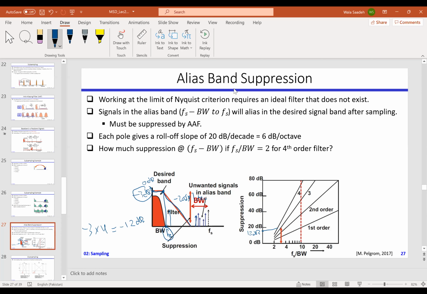From 50, it will become 50 minus 12, so 38 dB. Which is still large. But if you go for 60 dB, then it will become minus 10 dB from its original value. And that means that you have shrunk it significantly.